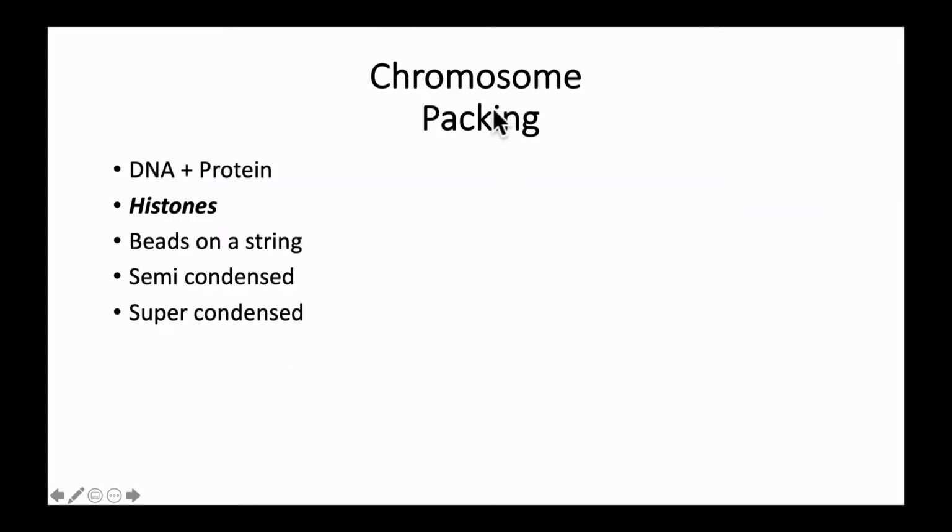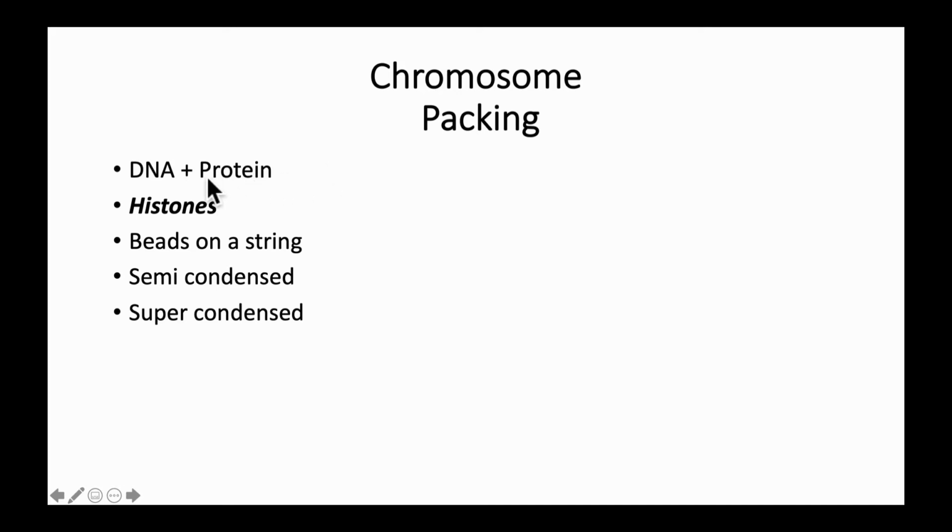Okay, so let's talk about chromosome packing. Now, what exactly is chromatin? Let's define that. Earlier on I told you it's just DNA and some protein. So again, DNA plus protein equals chromatin.